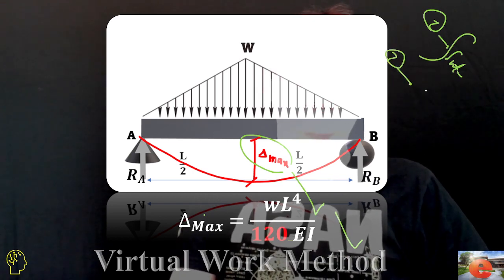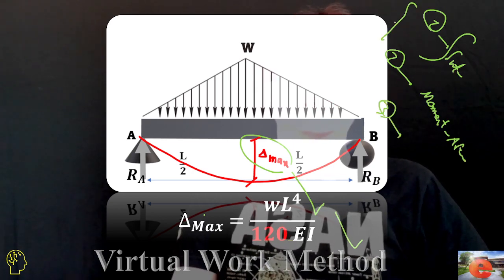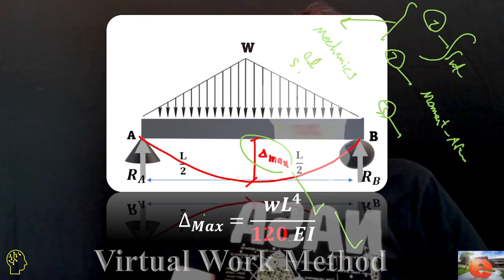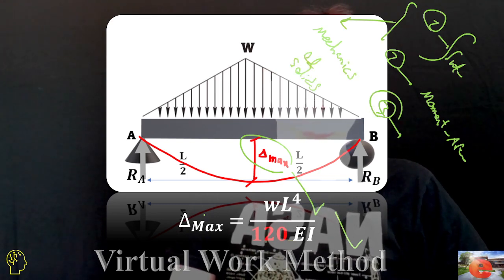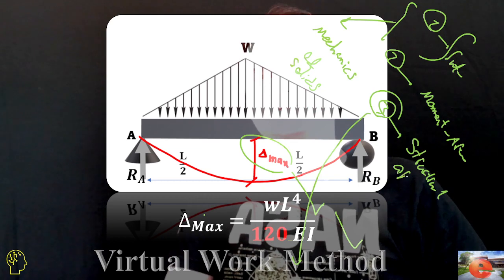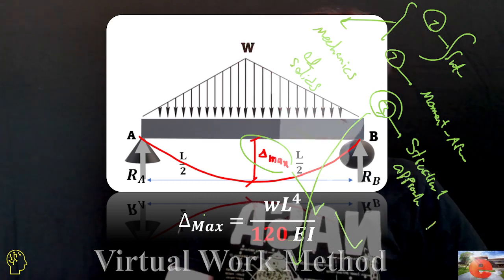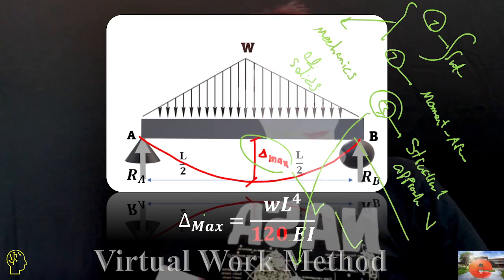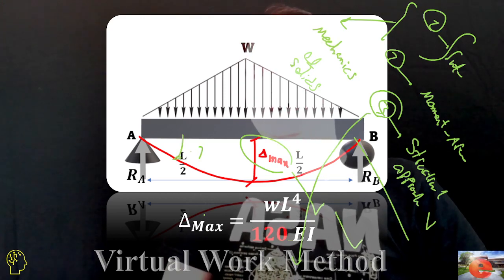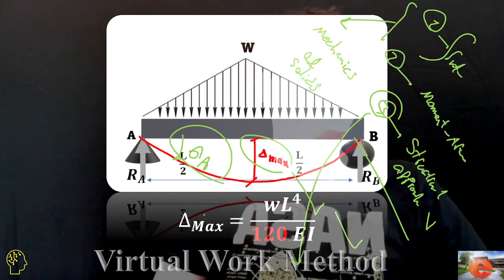We had it with the integration method, with the moment area method, and now from the structural approach. The first two are from mechanics of solids approaches, and this one comes from virtual work, a structural approach. In the next video, we will talk about the calculation of theta at A with all three approaches. Thank you.